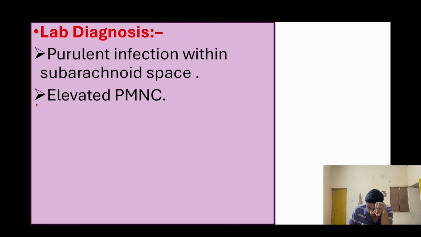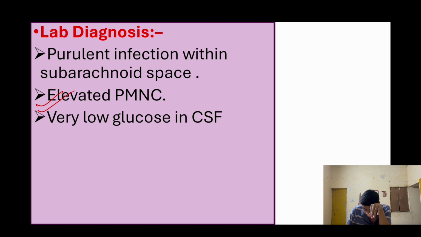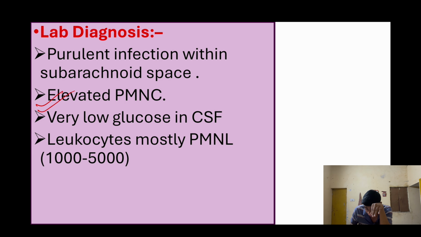And we have elevated PMNCs. Polymorphonuclear cells are elevated, and very low glucose in CSF is also seen in pyogenic meningitis. Leukocytes are mostly polymorphonuclear leukocytes, with values between 1000 and 5000.